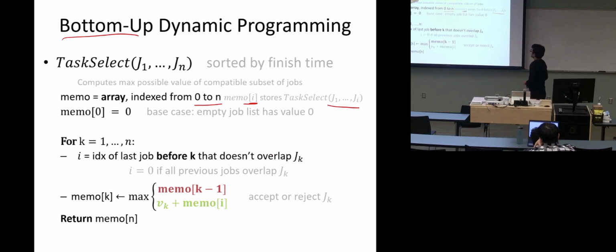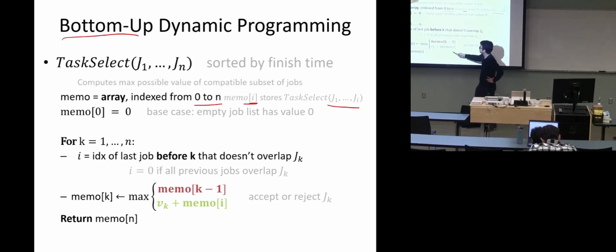So just consider each k. For each k, you have two choices: whether you want to reject or accept jk. If you reject, you just use this thing, everything up to jk minus 1.